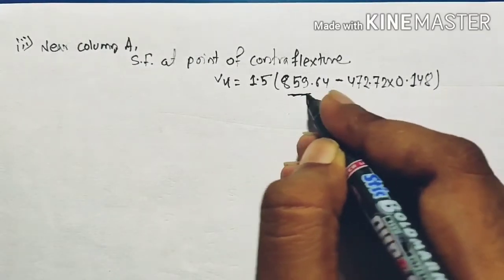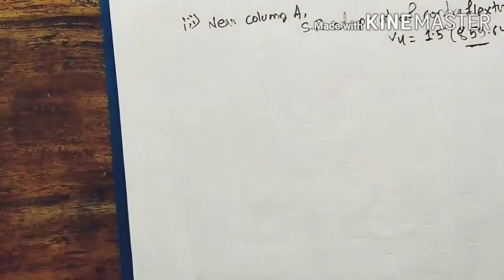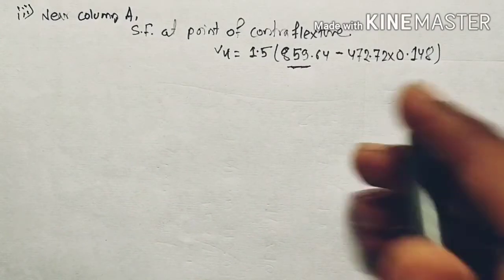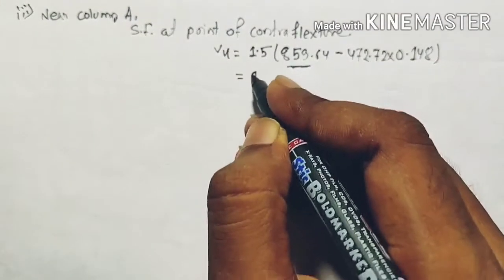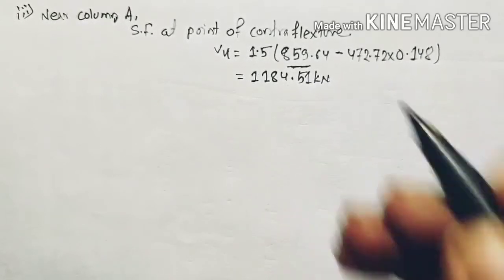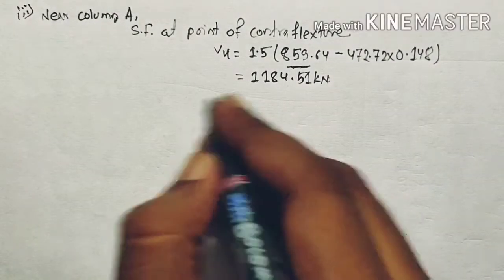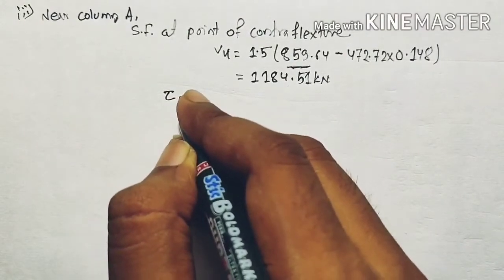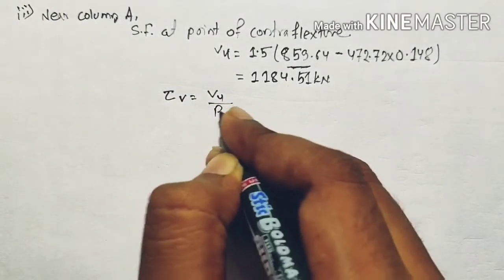This is the shear force right of column A. So we will have here Vu equals to 1184.51 kilonewton. So after finding the value of Vu, let's find tau V equals to Vu upon Bd.